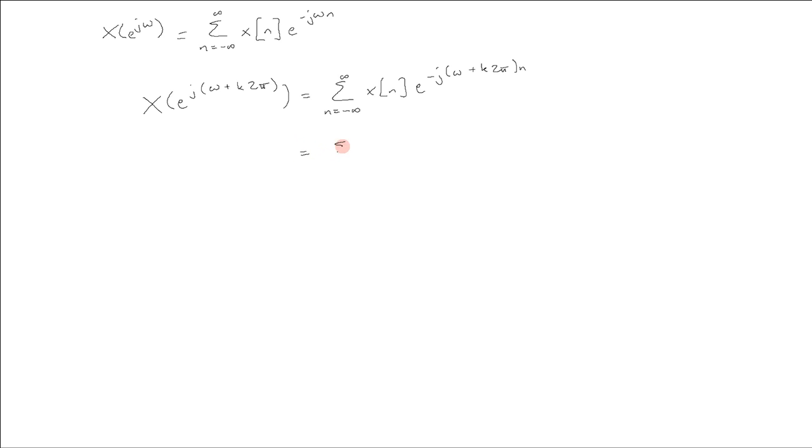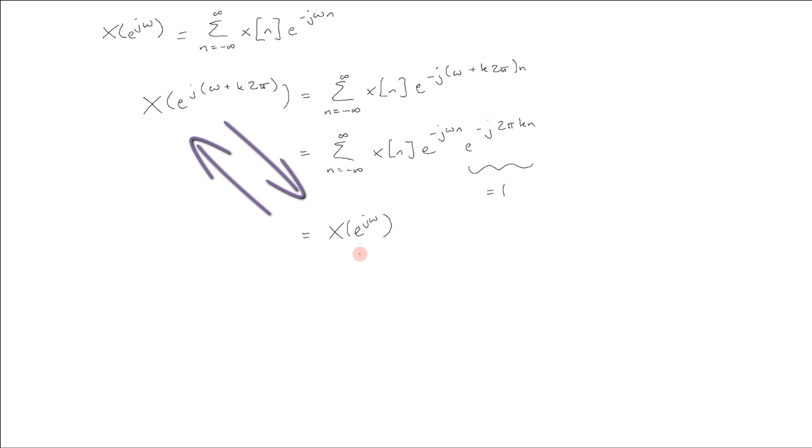And this is equal to the summation of x of n e to the minus j omega n times e to the minus j 2 pi kn. Well, k times n is an integer, and e to the minus j 2 pi times any integer is equal to 1. So therefore, this whole thing is just equal to X of e to the j omega. And therefore, we've proven a 2 pi periodicity of the frequency spectrum.